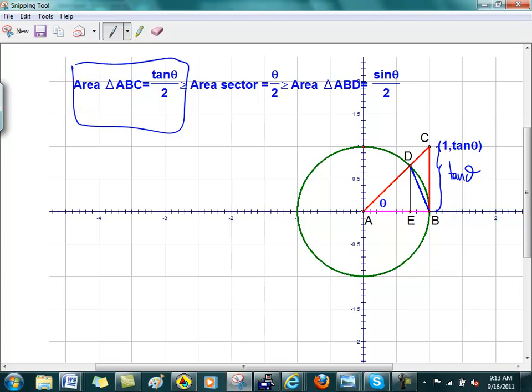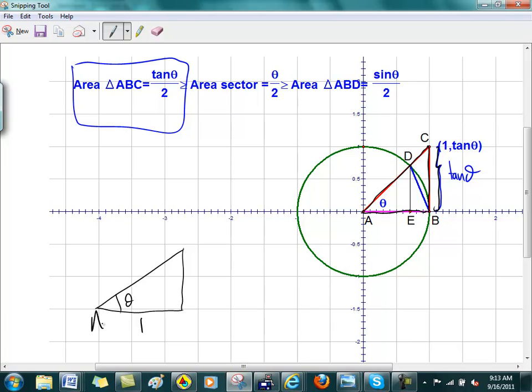So this is the triangle I'm looking at. That's the triangle I'm looking at. And this height is tangent theta from SOHCAHTOA. Do you want me to work that out, or are you okay on that? Pull the triangle out like that. That's theta. This is 1. It's my AB.